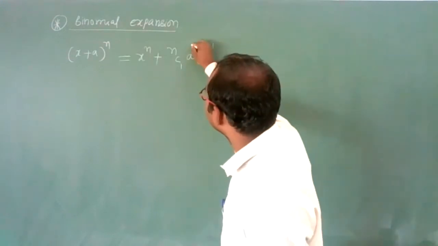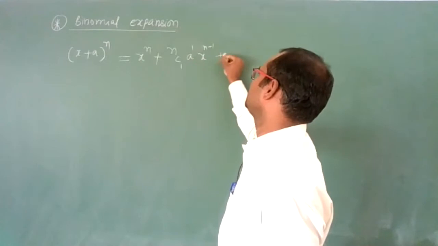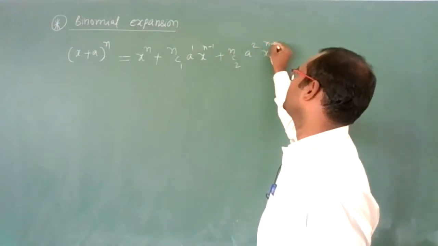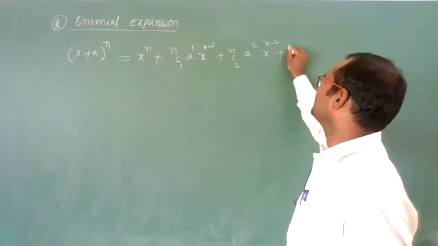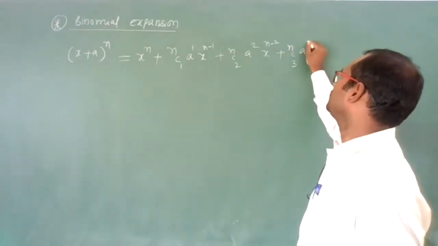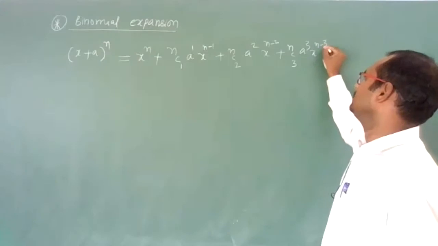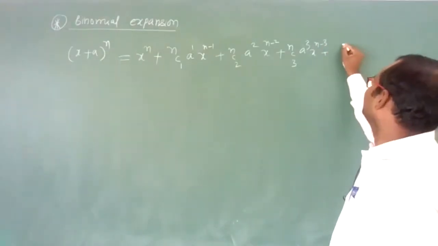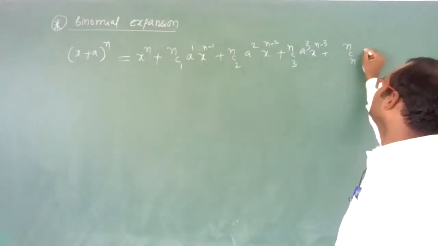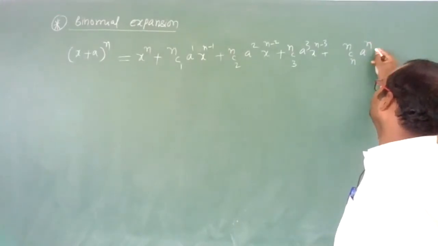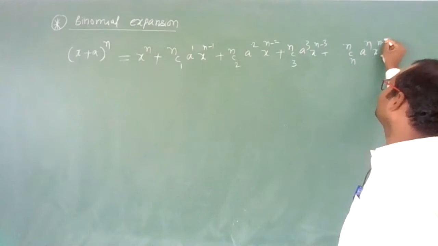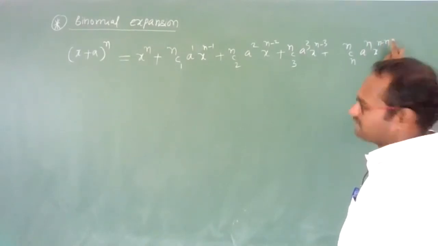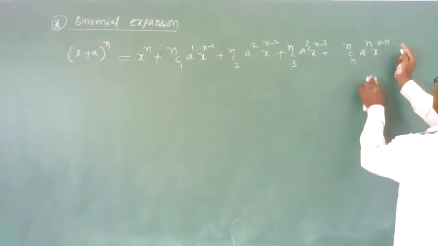Here a power 1 you can write. Plus nC2 into a square x power n minus 2, plus nC3 into a cube x power n minus 3, and so on. Last term nCn into a power n into x power n minus n. N minus n is 0, and x power 0 is always 1. So you can write like this.